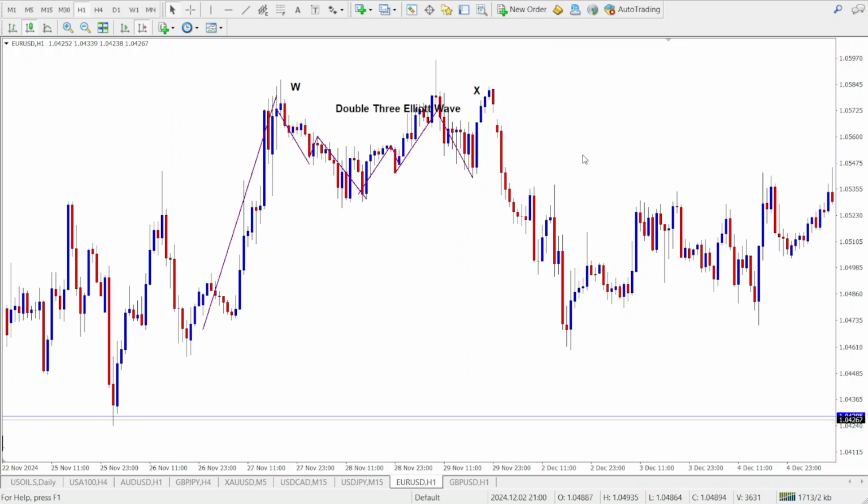And now finally, the third correction, which is labeled Y. Now, this is not exactly a perfect Double Three Elliott Wave pattern.